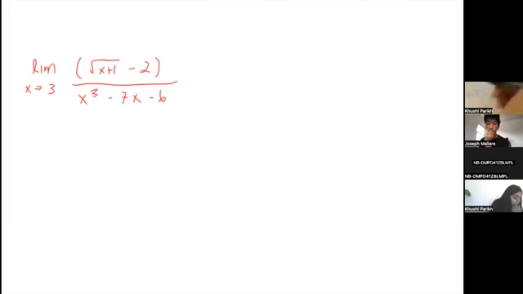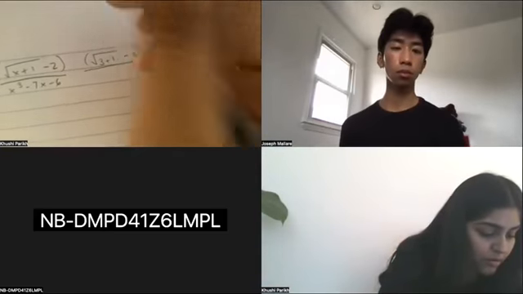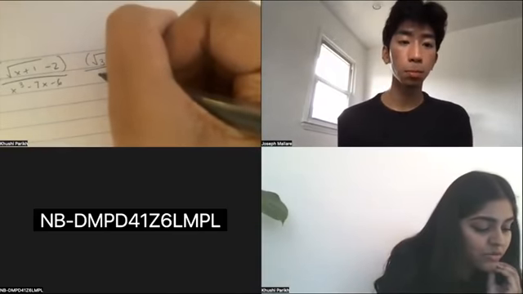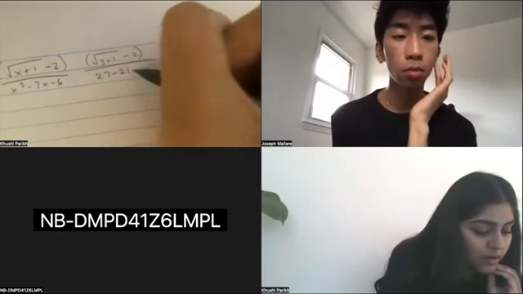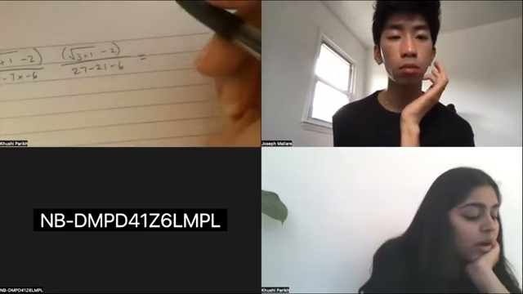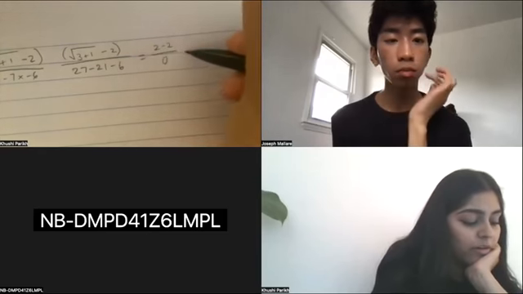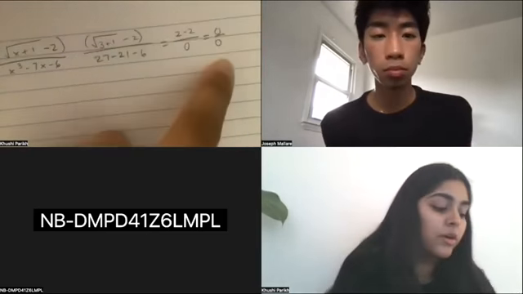So we can try and plug 3 in, and then you would get the square root of 3 plus 1 minus 2 over 27 minus 21 minus 6. That would get you 2 minus 2 over 0, which equals 0 over 0. So we know that's indeterminate form.